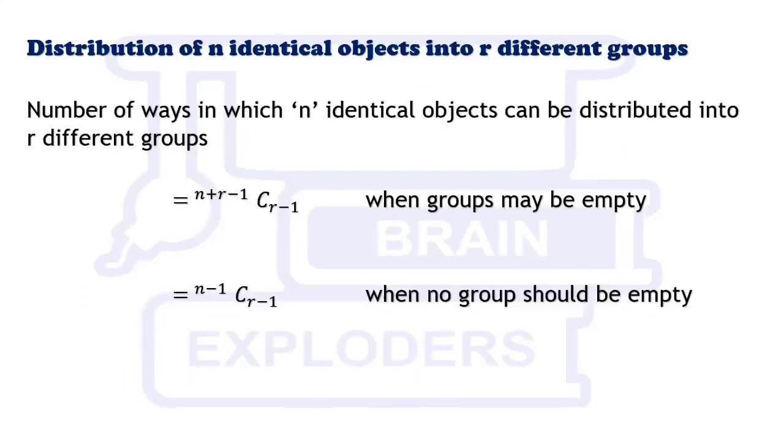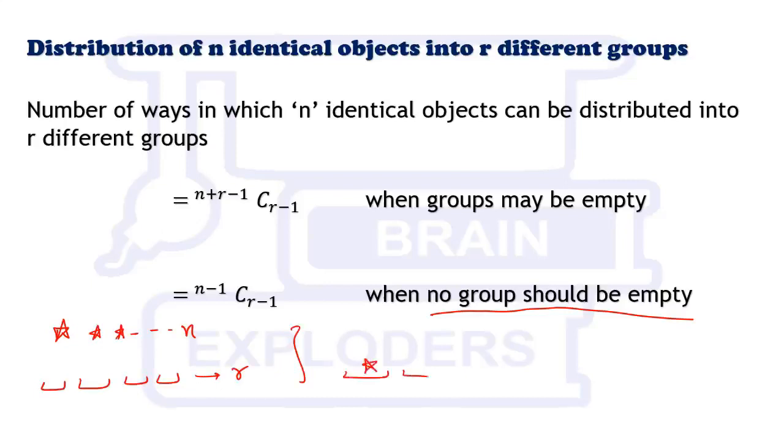Sometimes it is given that there should be at least one element in the group, which means no group should be empty. So if we have n stars and r groups, then at first we keep at least one star in each group.